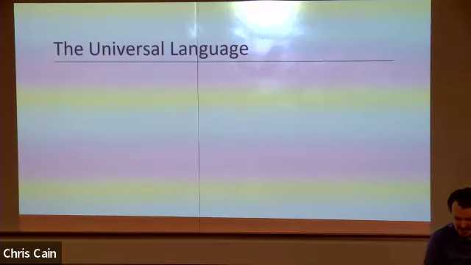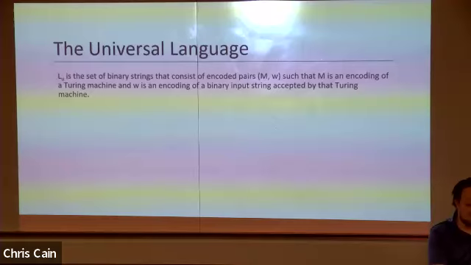All right, we're going to get into something that's a little bit challenging here. This concept is called the universal language, and this is just going to be all possible Turing machine string pairs.